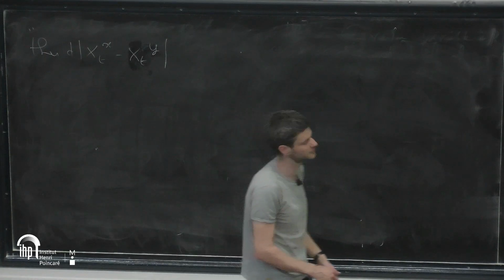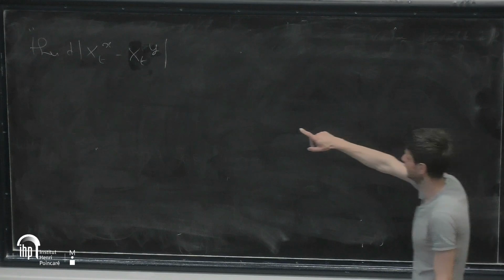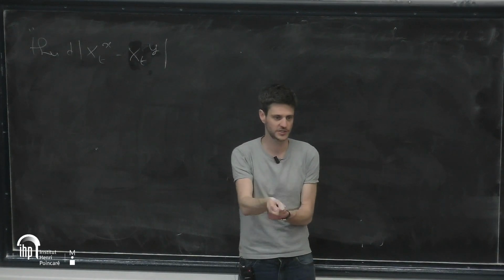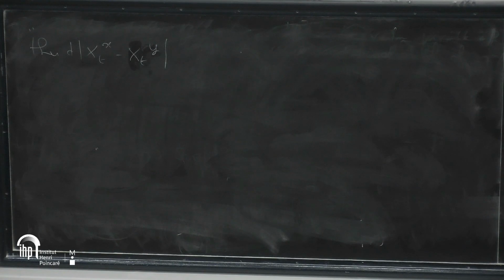So basically you have no Ito term. The reason is that if you do Xt^x minus Xt^y, the Brownian jump is only in the direction of this line.